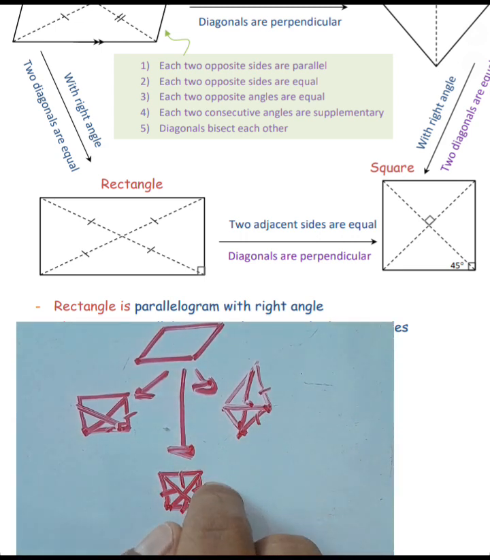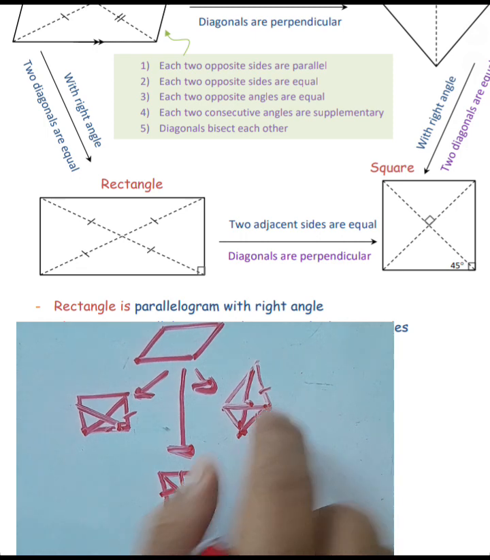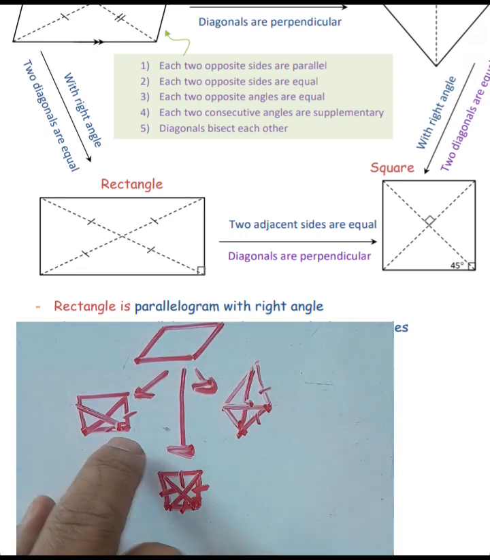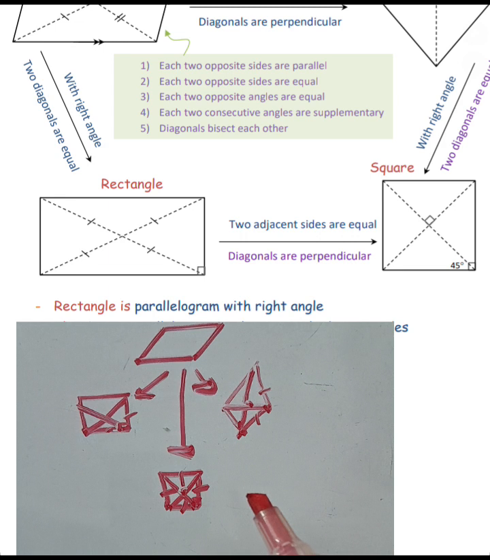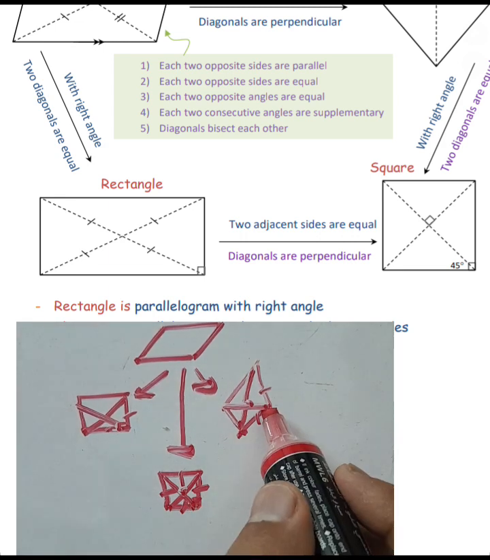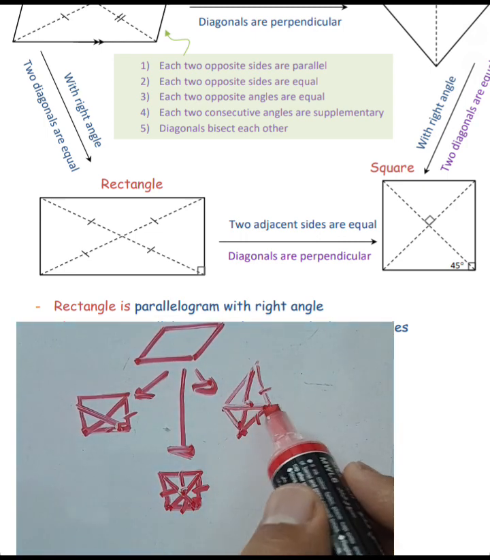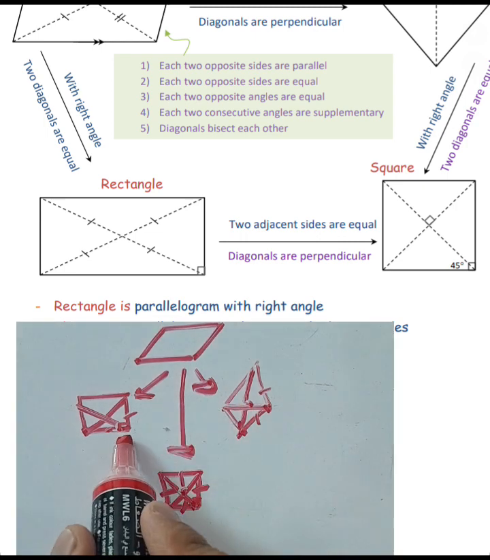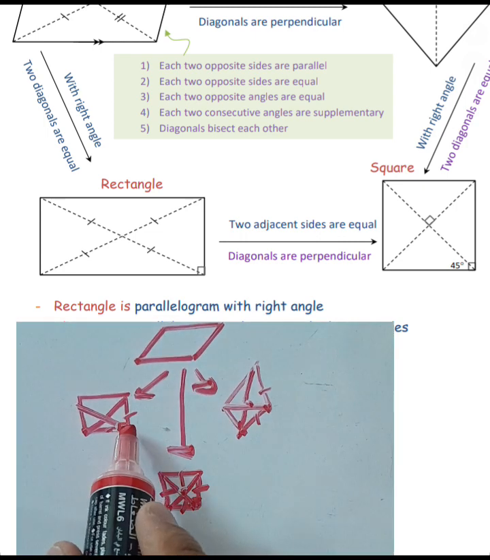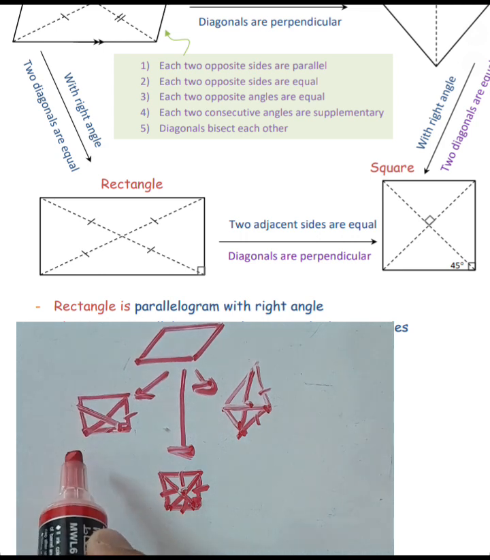A square is a rhombus in which two adjacent sides are equal lengths and each angle equals 90 degrees. A square is a rhombus in which the two diagonals are perpendicular and equal lengths. And a rhombus is a parallelogram in which the two diagonals are perpendicular. A rectangle is a parallelogram in which the two diagonals are equal lengths.